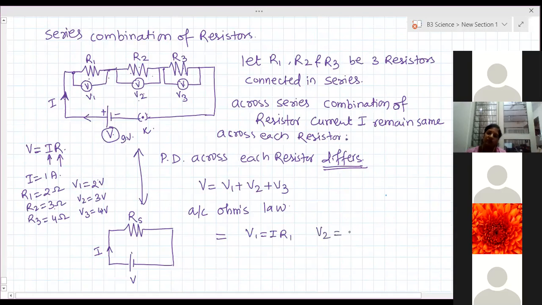V2 is equal to IR2. And V3 is equal to IR3. And the total potential difference V is equal to V1 plus V2 plus V3, that is IR1 plus IR2 plus IR3, which is I into RS, because the total resistance is RS, right?